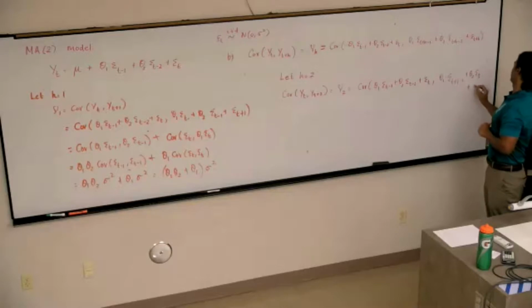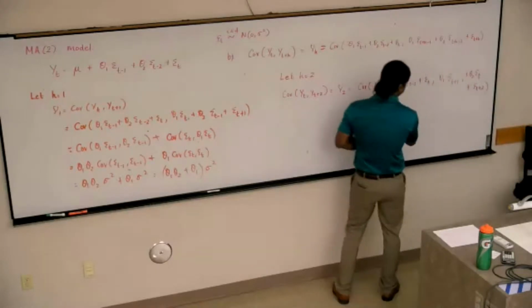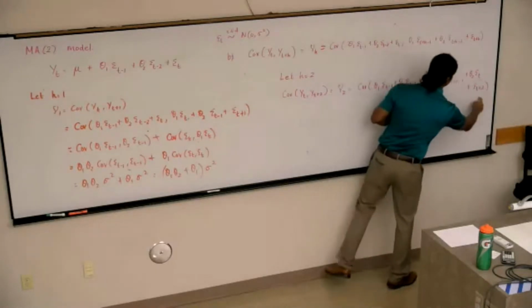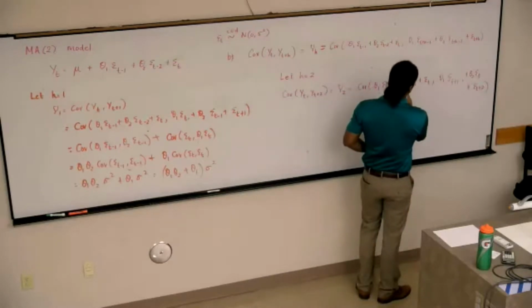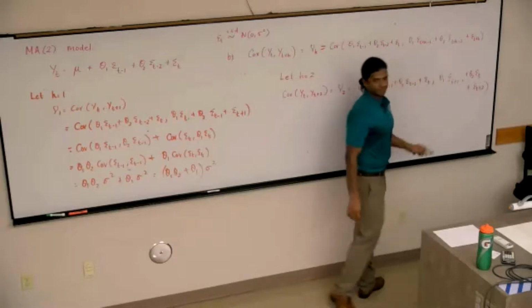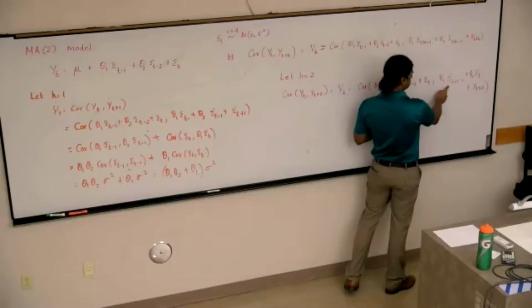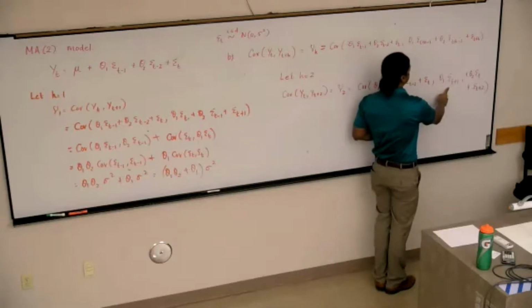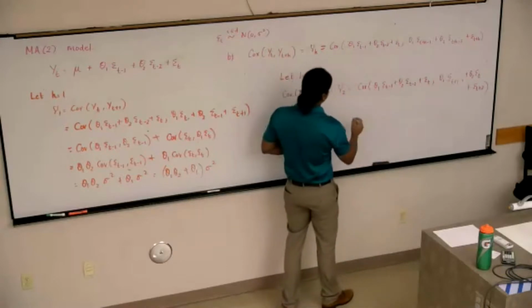Yes? Epsilon t minus 1 is not going to match with any of those time indices, 0. Epsilon t minus 2 is not going to match with any of those time indices, 0. Epsilon t is not going to match with epsilon t plus 1, but it will match with epsilon t. The other terms will be 0.